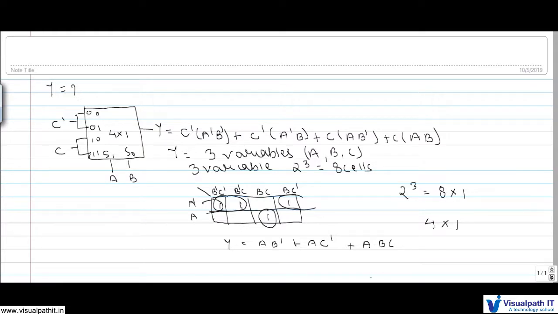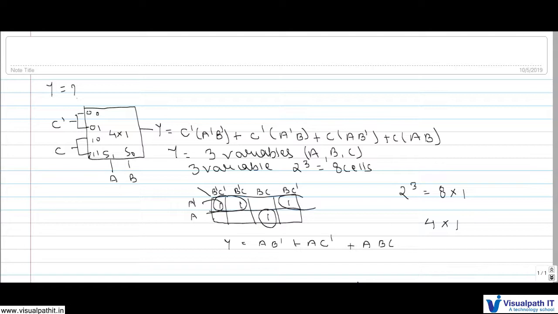So a reduced size mux can also be used to implement any Boolean function, right? This is the conclusion that we have drawn from this, that we can use a reduced size mux to implement any Boolean function, right?